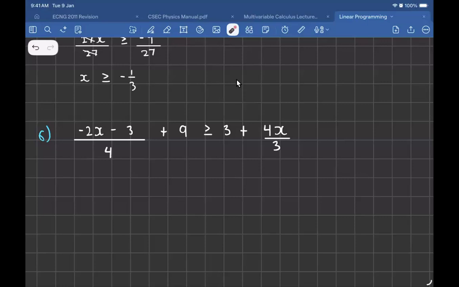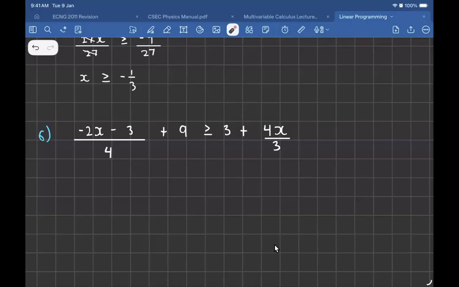Serena, is there a number that I can multiply by throughout that would eliminate all the fractions? Serena? 4 or 3. Wait. Say that again? You could multiply everything by 4, then multiply everything by 3.